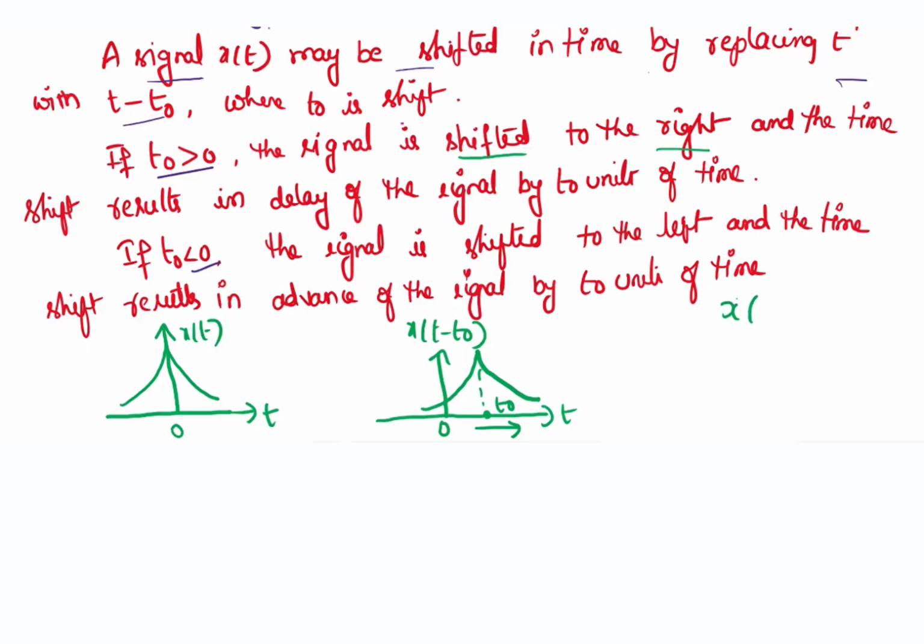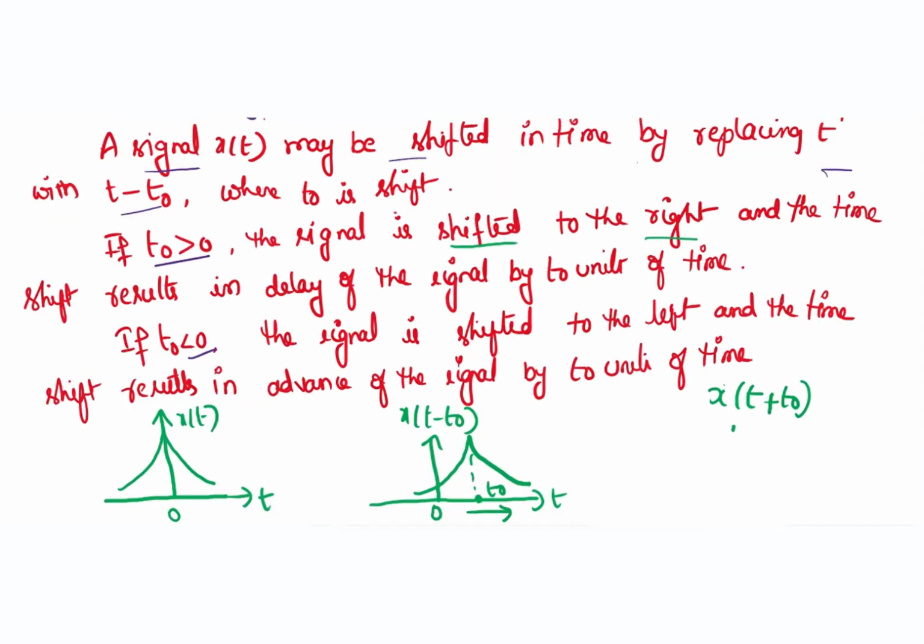Now I'll draw the x of t minus t naught case, but here t naught is negative. So if t naught is negative, it becomes t plus t naught. Now I'll draw the signal. You just make t plus t naught equal to 0, so your t becomes minus t naught.